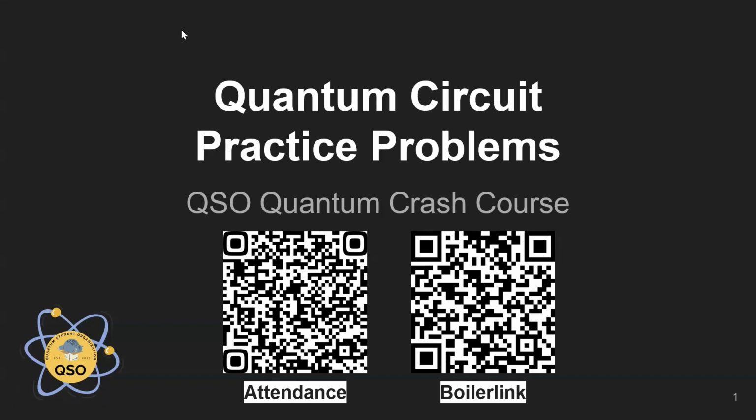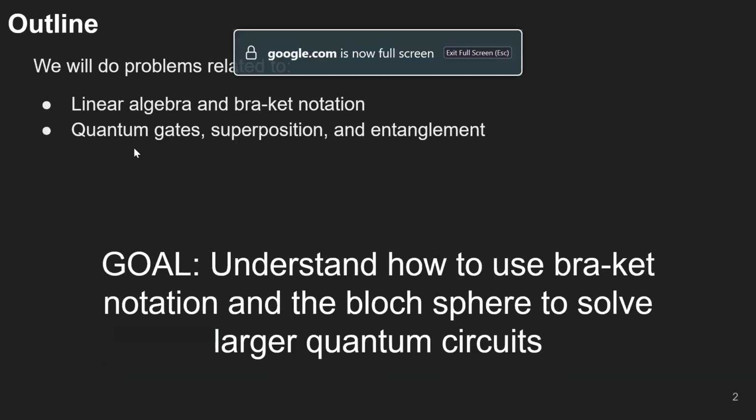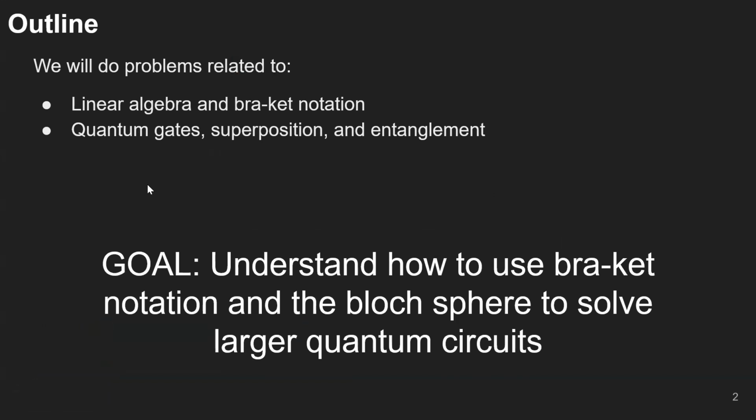So yeah, while you're doing that, I'll just talk about this, which isn't a lot of detail-oriented stuff. We're going to do problems related to linear algebra, Bra-Ket notation, and some of these will use quantum gates, and this will use concepts of superposition and entanglement.